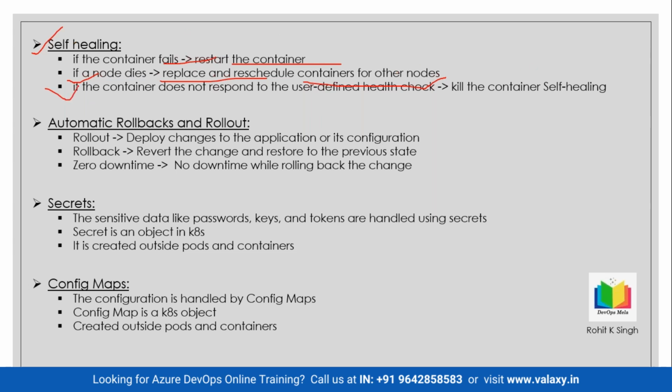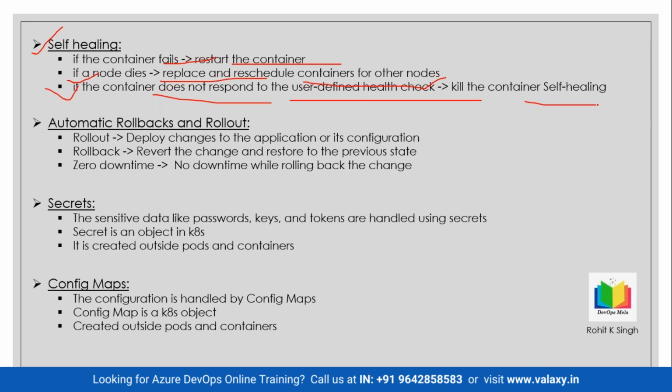The third part is, if the container does not respond to a user defined health check, Kubernetes kills the container. This is self-healing. Now you also have the flexibility of giving some user defined health checks. What do I mean by a user defined health check? Suppose you want to make sure that every 5 minutes there are pings happening on all those containers, making sure that all the containers are running.